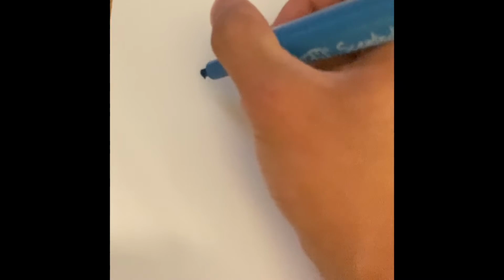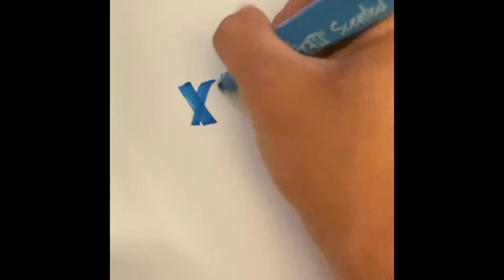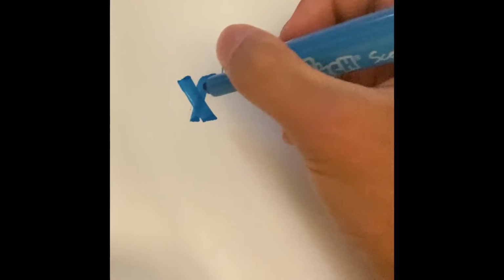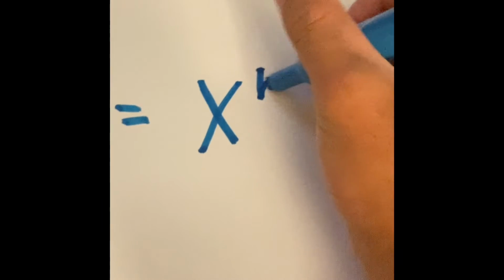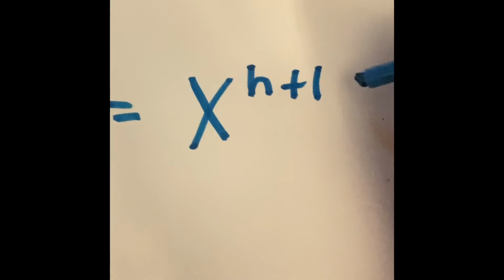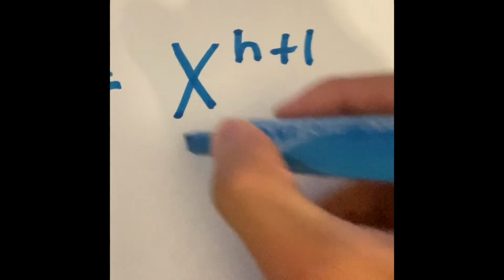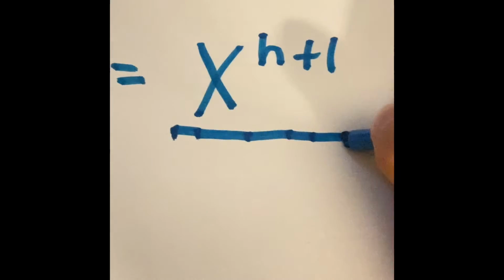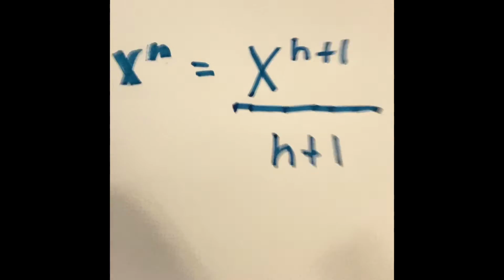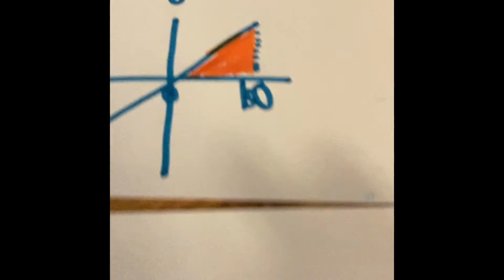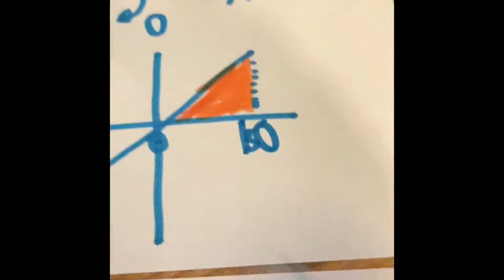Going back to our calculus video from last time, when you have a variable to an exponent, finding the antiderivative requires you to add 1 to the exponent, the power, or the level if you're a video game person. Then we have to divide by your exponent plus 1.